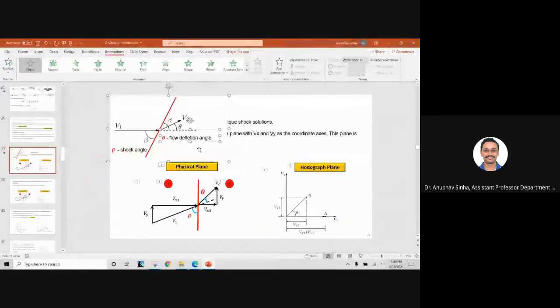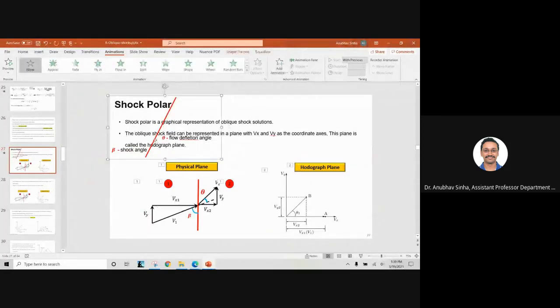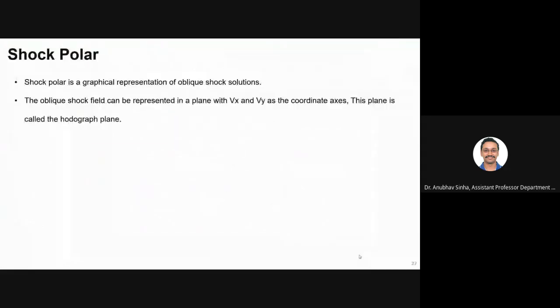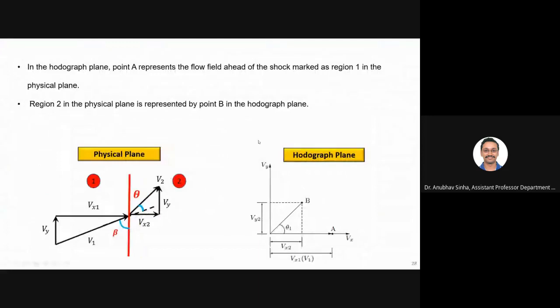So this is called the hodograph plane. Point A represents the flow field ahead of the shock, marked region 1, and point B is behind the shock in region 2.